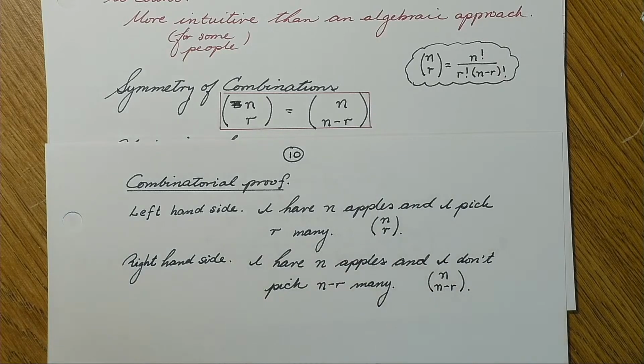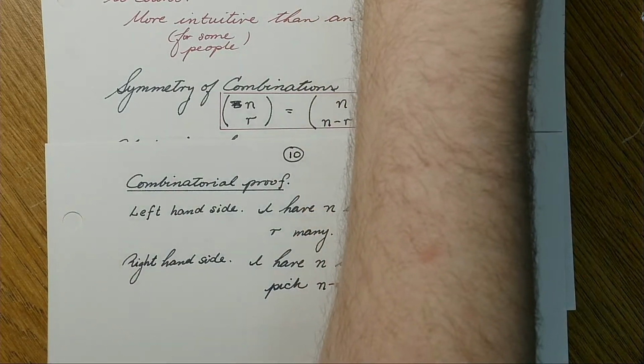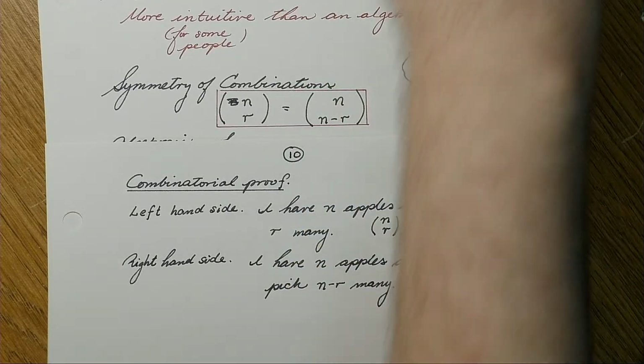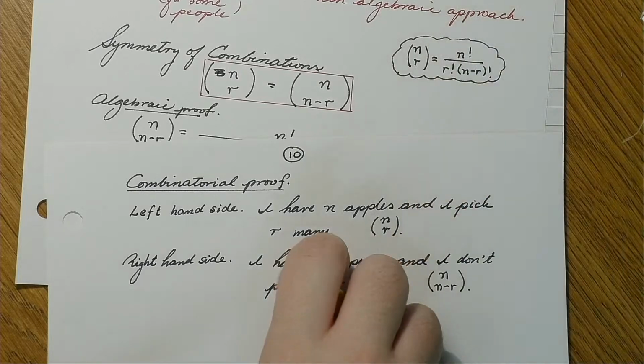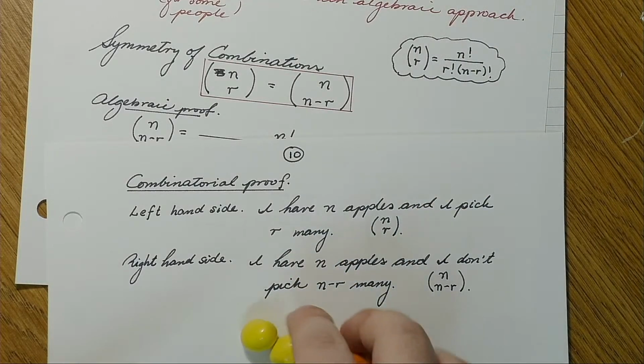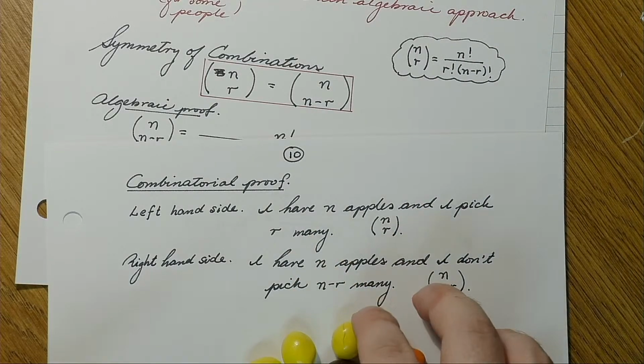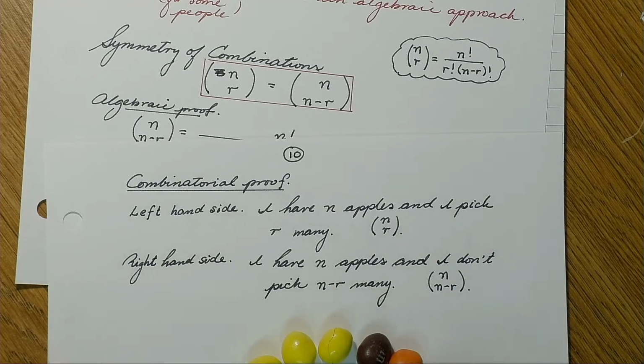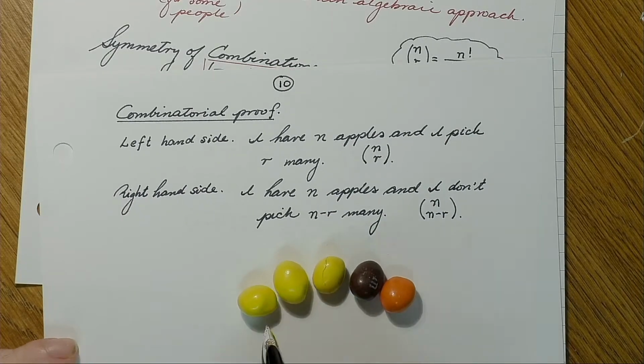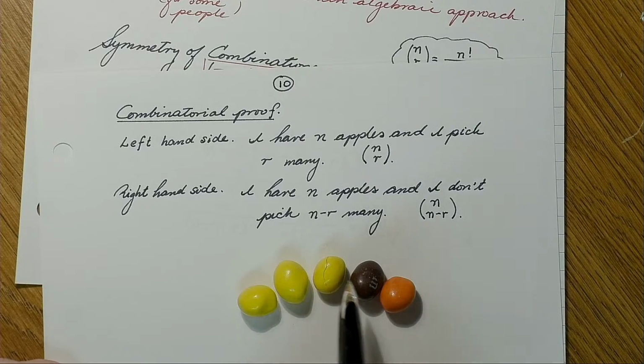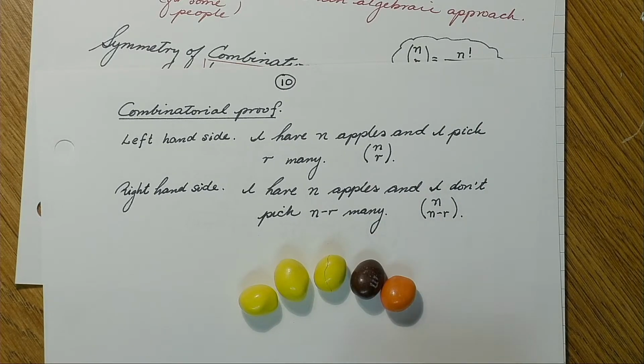That if you say I have n many apples, let's say I have 1, 2, 3, 4, 5.